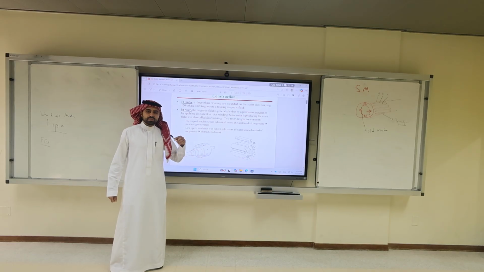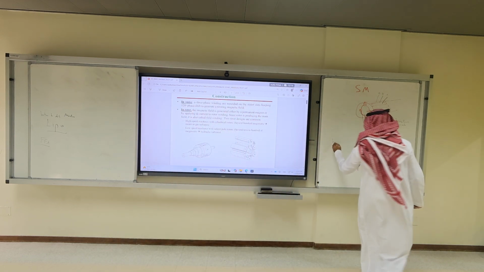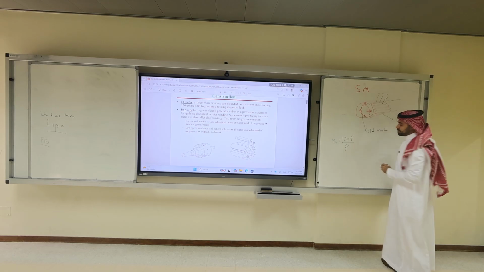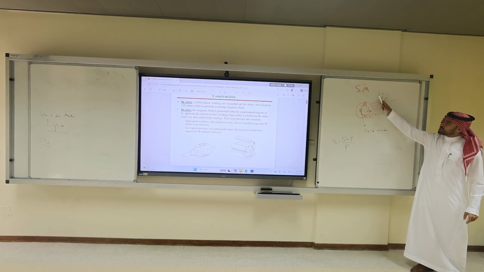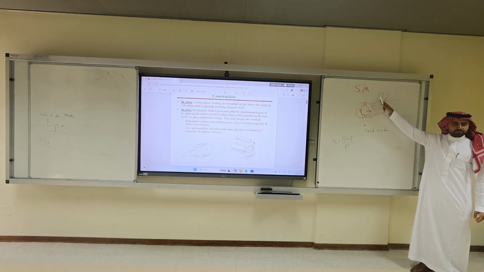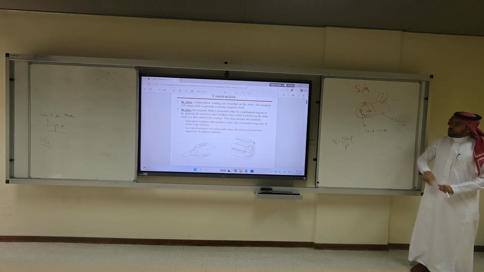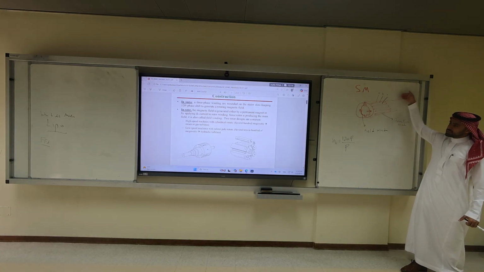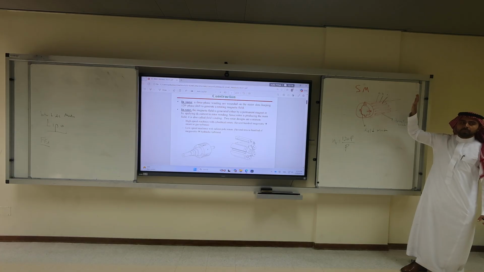If you remember, the speed of the synchronous machine, Ns, is what? 120 F over P. You remember this? Yes. So F is the frequency of the electricity produced in the case of the synchronous generator, or for a synchronous motor, the frequency of the current or the voltage source connected to the synchronous motor.